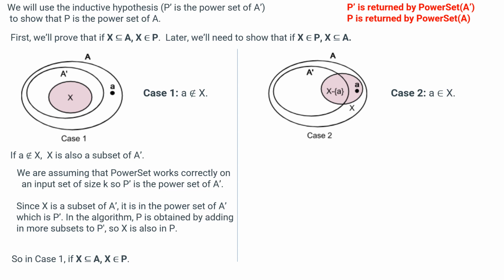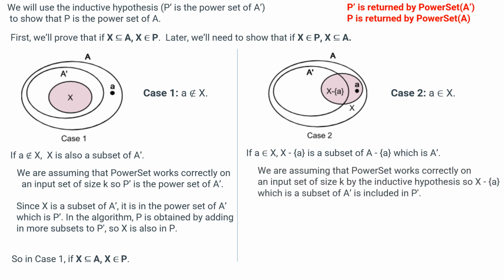So we're assuming that A is part of X. A is an element of X. Okay, so if A is in X, then let's take A out of it. So we have the set X minus A. Well, that little bit right there, the X minus A, that's a subset of A prime, right? X minus A is a subset of A prime. Now we're assuming that this algorithm works correctly on an input set of size k.